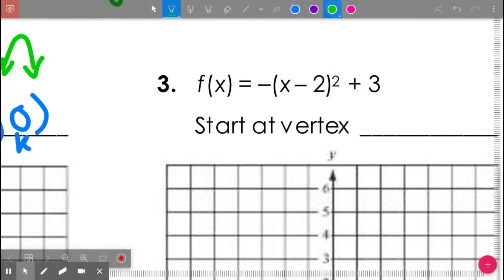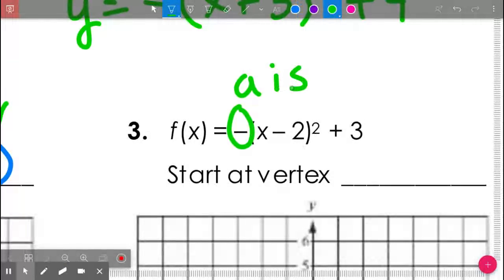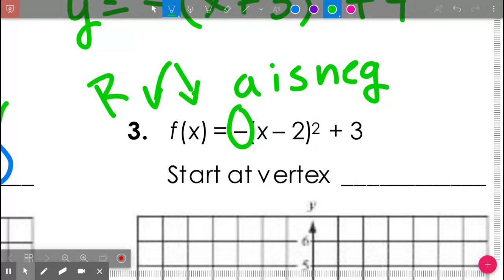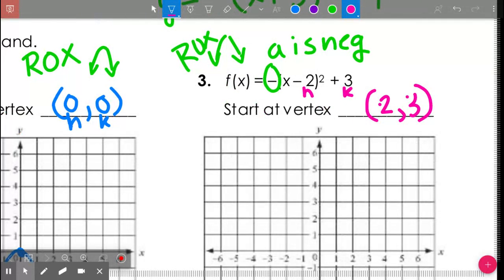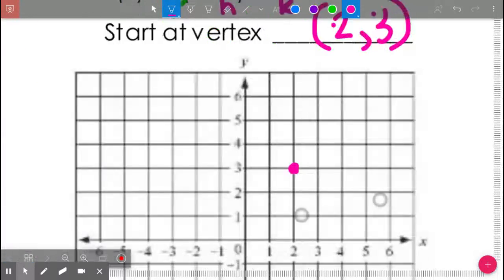Look at this. I have a negative A value. A is negative. So we have a rhox. Okay, we're going to start at the vertex. Here is my H, here is my K. H lies, so that is 2, 3 for my vertex. 2, 3 is there. Okay, now I'm going to open down with my parabola.